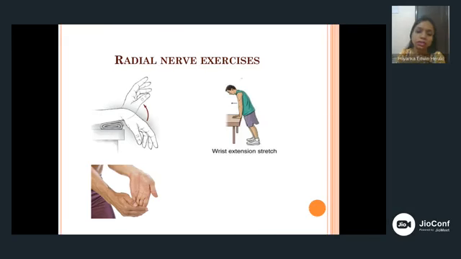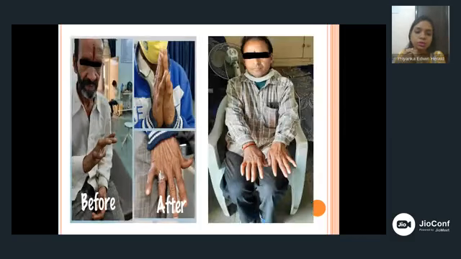As you can see in the picture, the first picture shows the active extension, the second is the passive extension or passive stretching, and with the help of the table the patient can also do wrist extension stretch for the radial nerve.